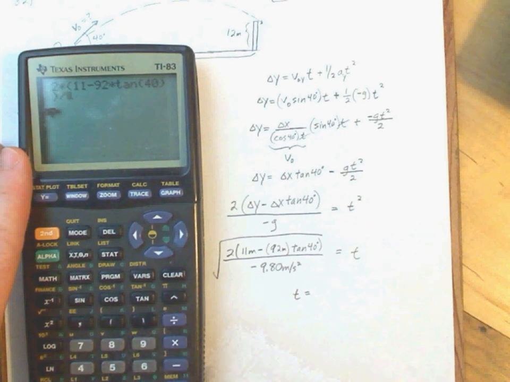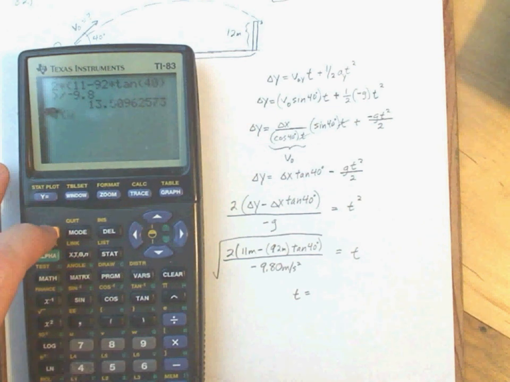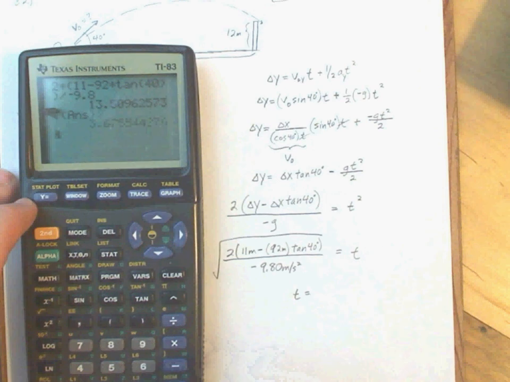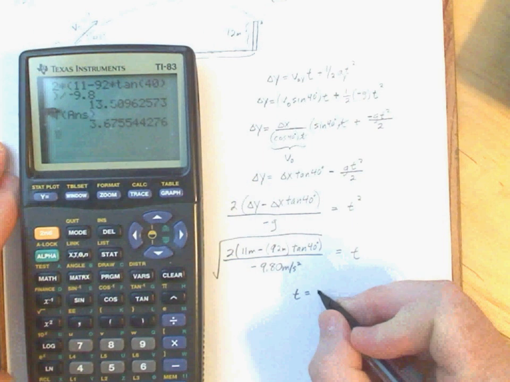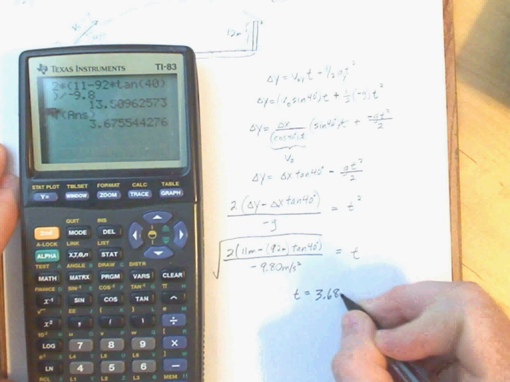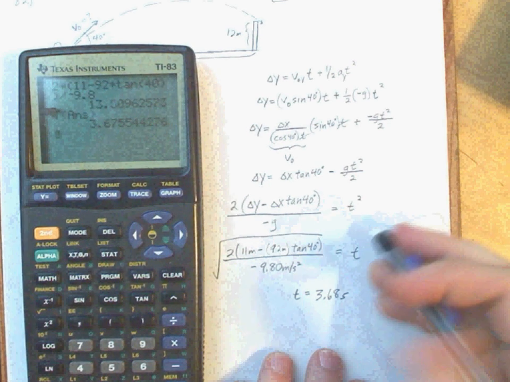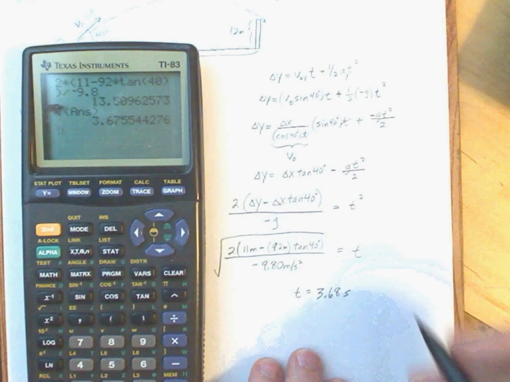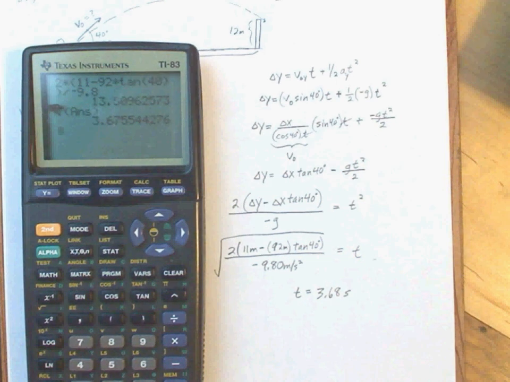I want to take the square root of that. And I get time in the air is about 3.68 seconds, which seems on the reasonable end. I mean, if you think about how long a baseball seems to fly through the air before it leaves the baseball park, 3.5 seconds or so seems semi-legit.